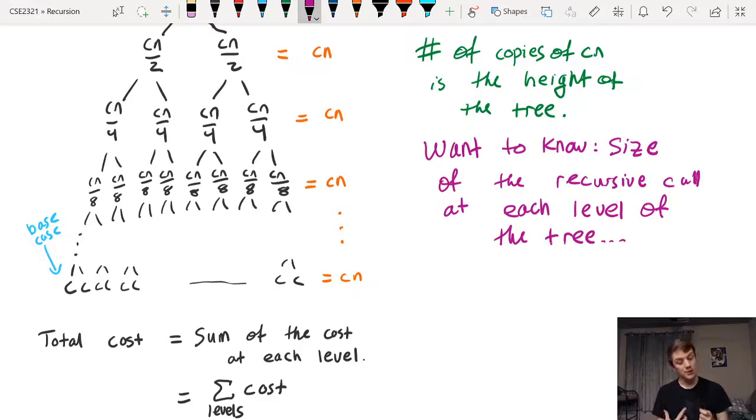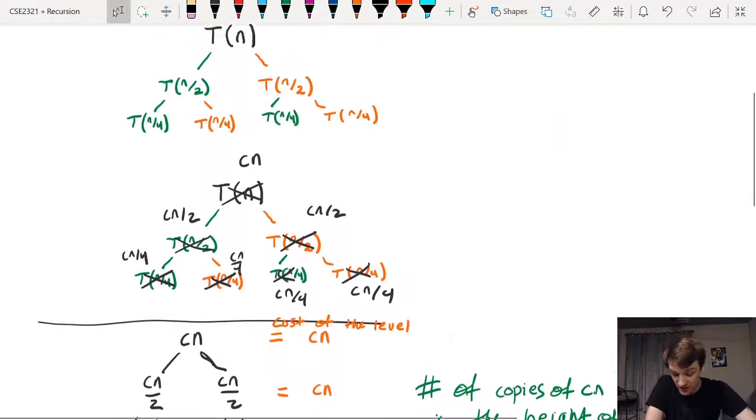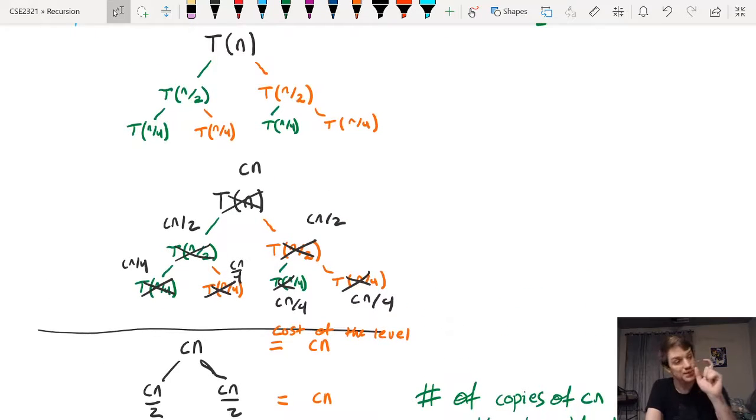How can we compute that? We already actually have all of the work done here. The cost at each level, the size at each level. The base was n, then n over 2, then n over 4, then n over 8, then n over 16.